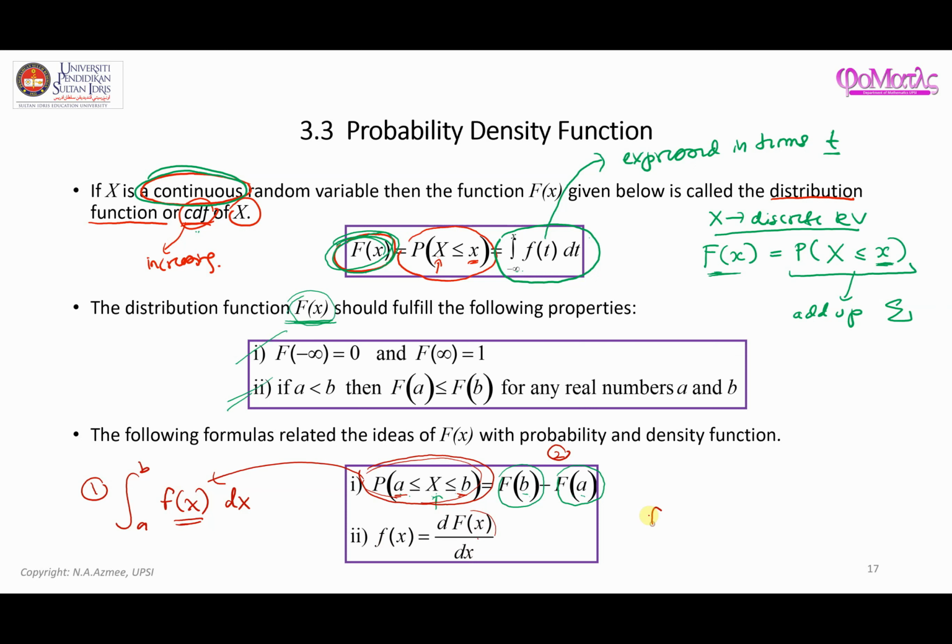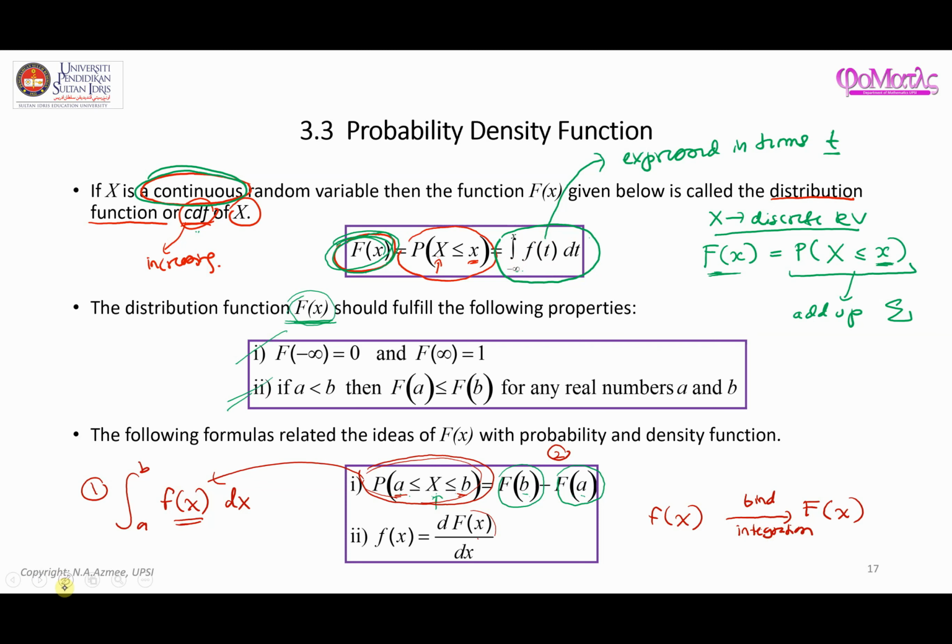If you are given the PDF and you want to find the CDF, you have to integrate this function, so you do the integration process.